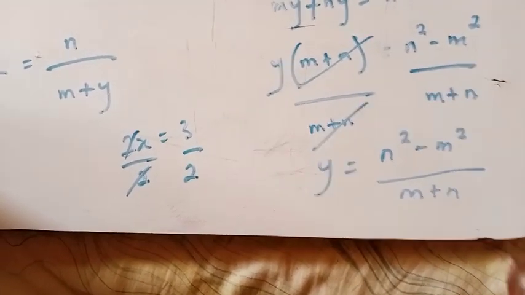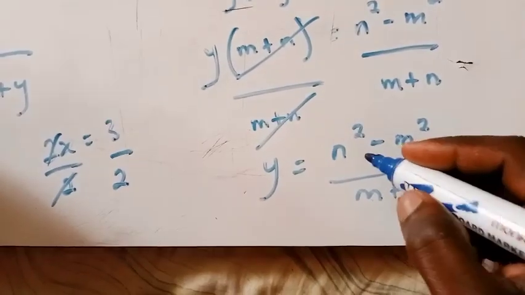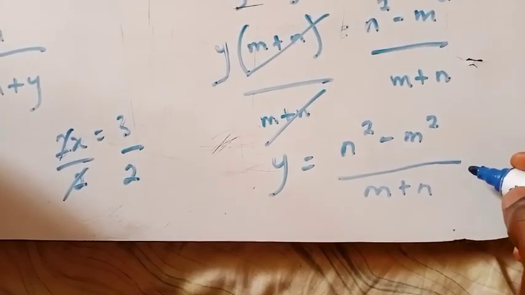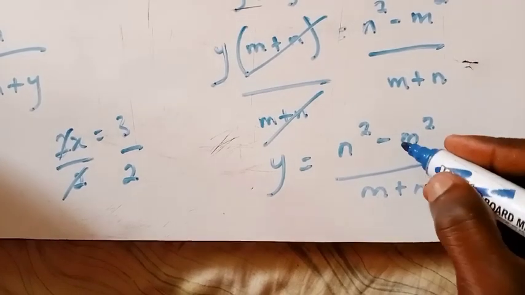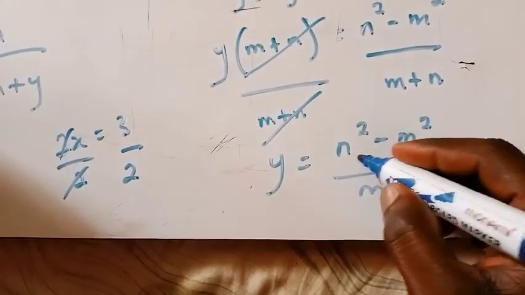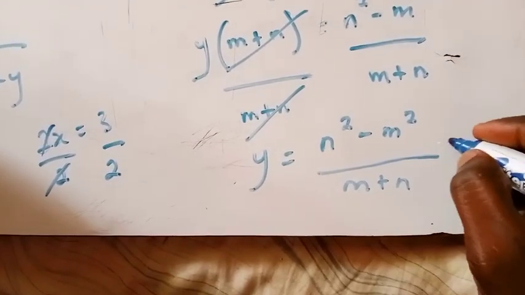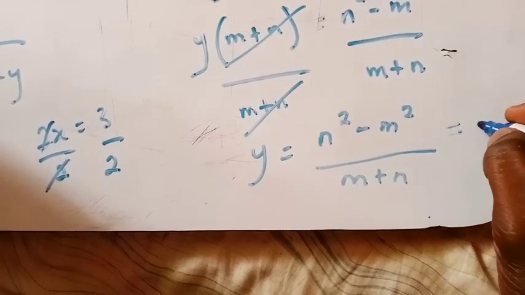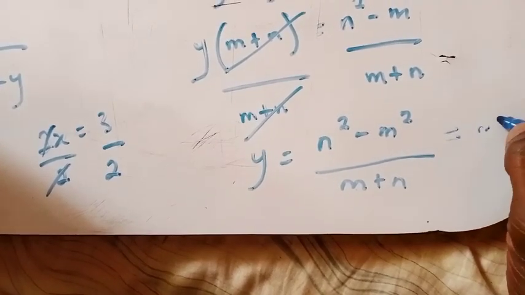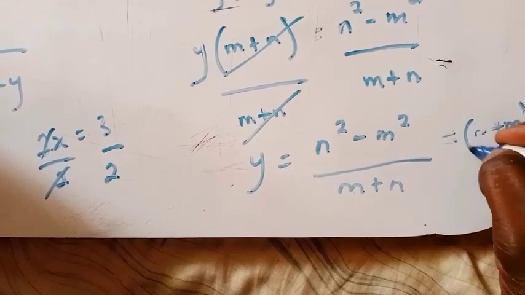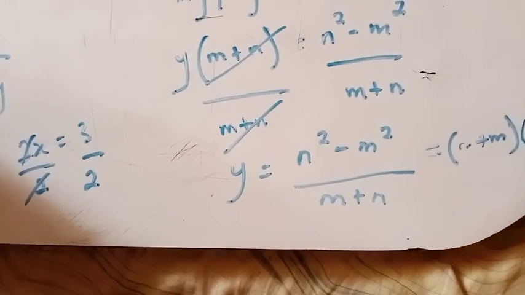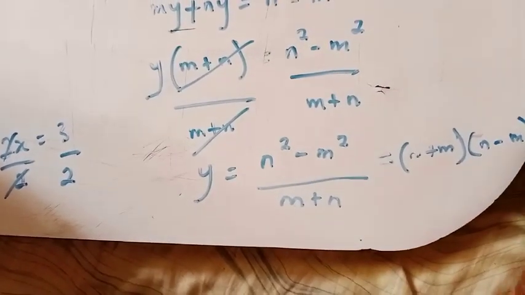Okay, now here is the simple part. That is up to this point. The only thing you can do here is that these two are duplicating. So the one at the top here we can rewrite to be equal to n plus m, and then you also have n minus m, right?